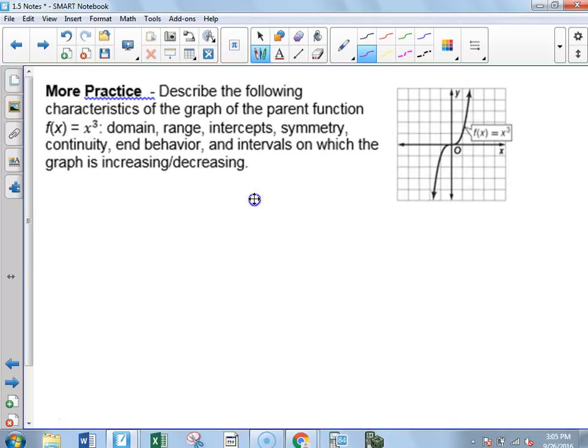All right. Can we go through these, or do we need to go through these? What's going to be different here, guys? The intercept is still 0, 0. What are domain and range? Yeah, both are all real numbers, right? We talked about intercept. Symmetry. What does this have for symmetry?